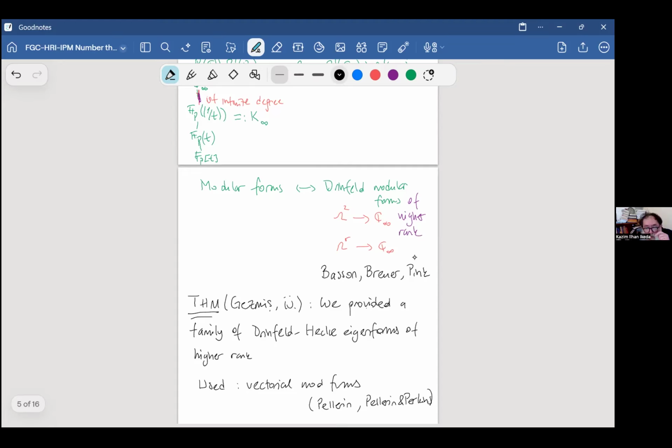Can I ask a question? Do we have, for example, a Shimura-Taniyama kind of result in the Drinfeld universe? Yes, we do. For Drinfeld modular forms of rank 2, it's proved by Gebhard Böckle in his habilitation.